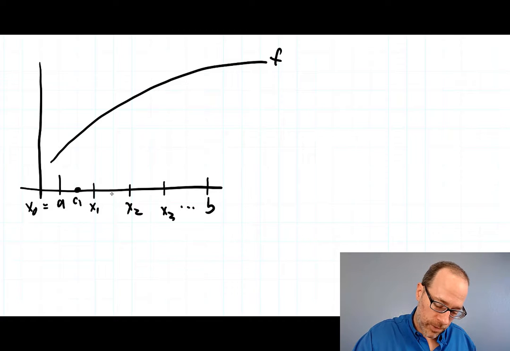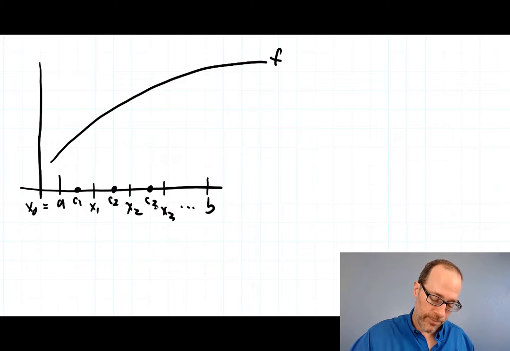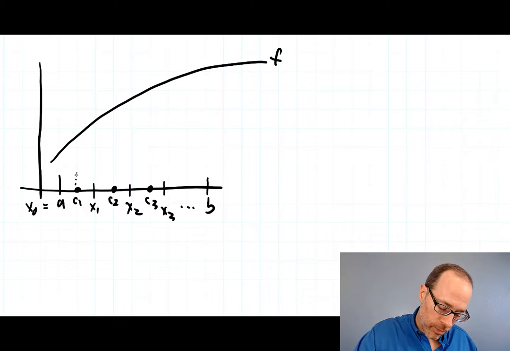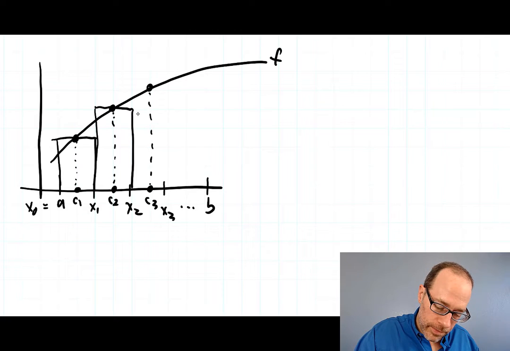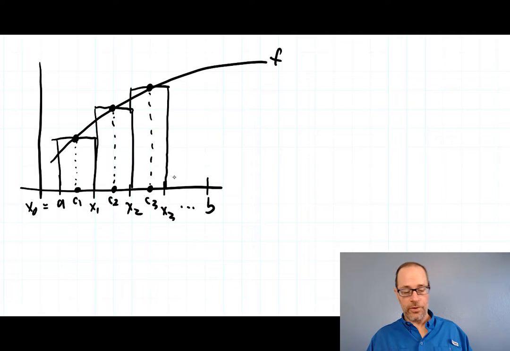So you have a C1, C2, C3, and so forth. And you use these sample points to get the height of a rectangle over each of these guys. Use that to make the rectangle height. And so forth, all the way on.